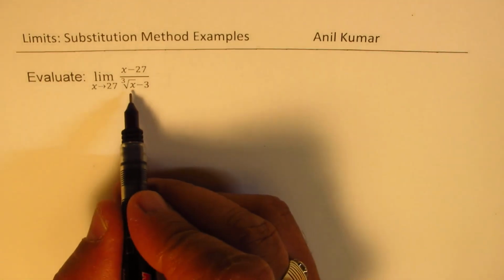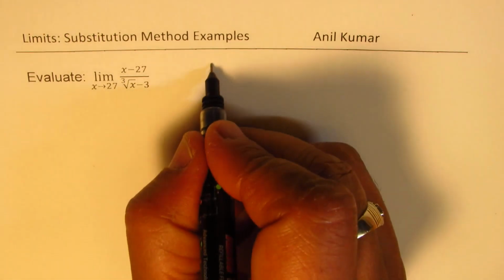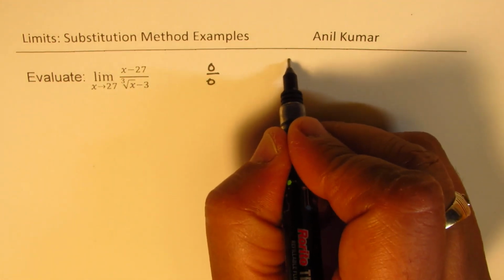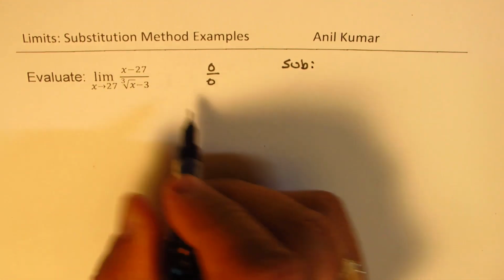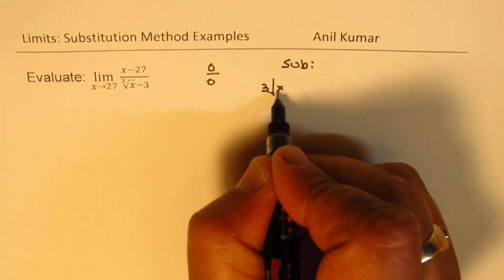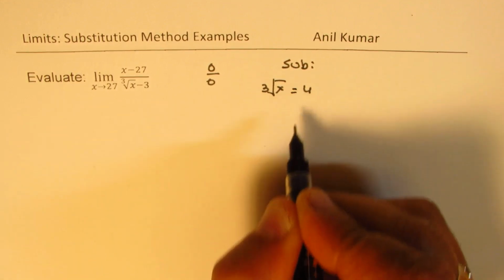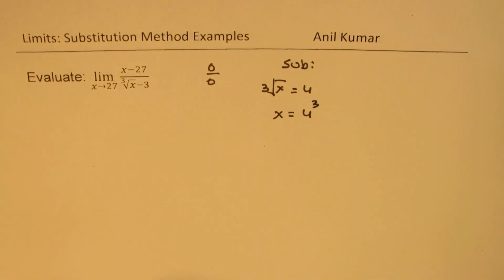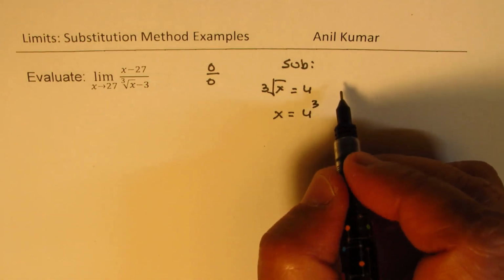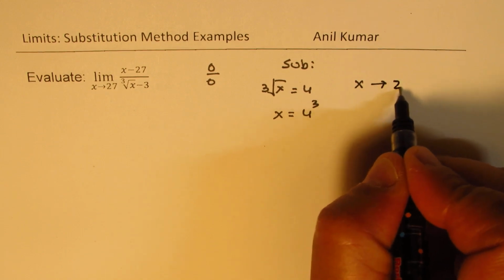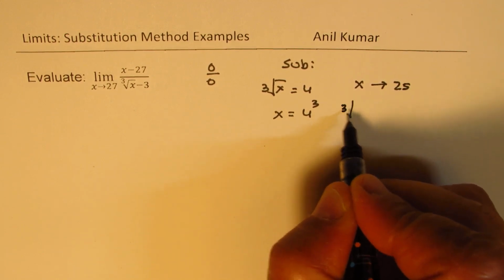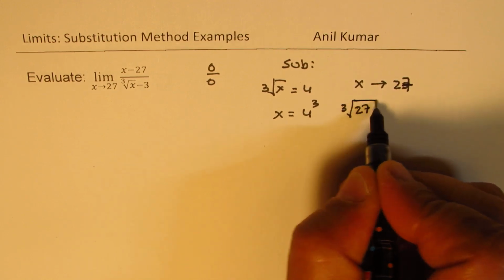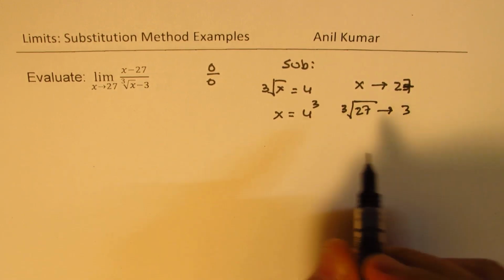Now again, if I substitute 27 for x, we do get 0 over 0. So what we will do here is that we'll substitute cube root of x as u, right? That means x is equal to u cube. That is one thing. Second thing is that when x approaches 27, then cube root of 27 approaches 3, correct?